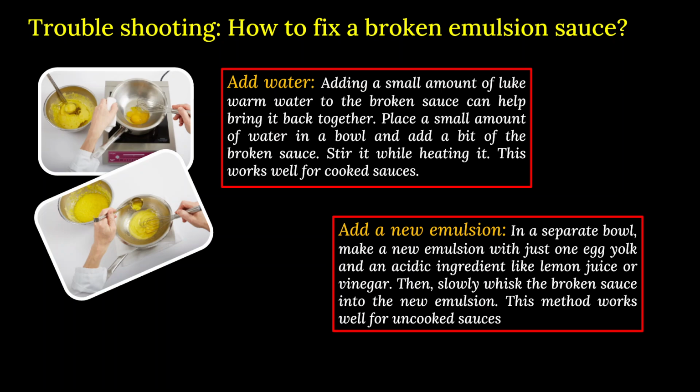That will give you the result, and the end result will be a rectified sauce. So these are the two things that may happen while making these hot or cold emulsified sauces, and we have justified how it is to be resolved by taking these kinds of measures. Hope it is clear in your mind.